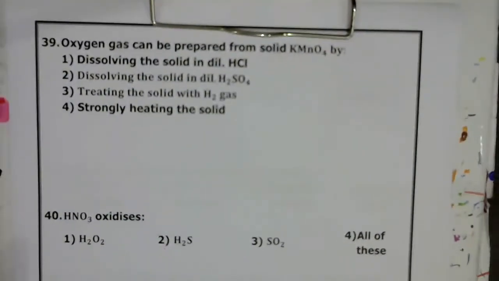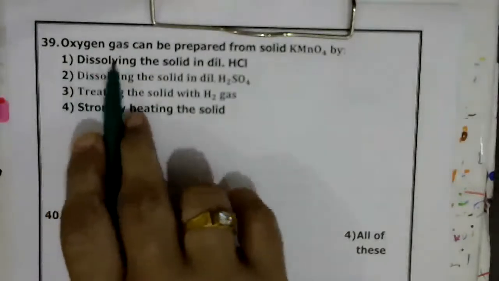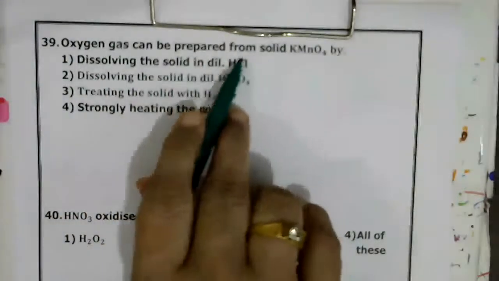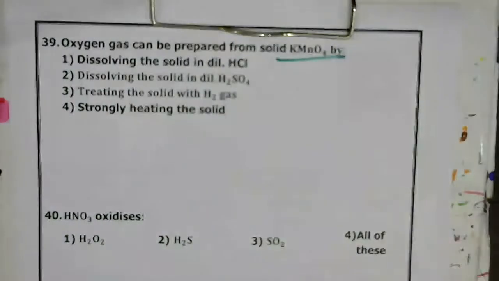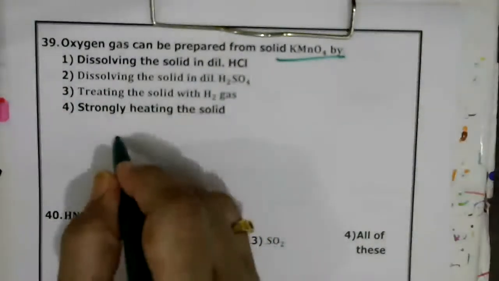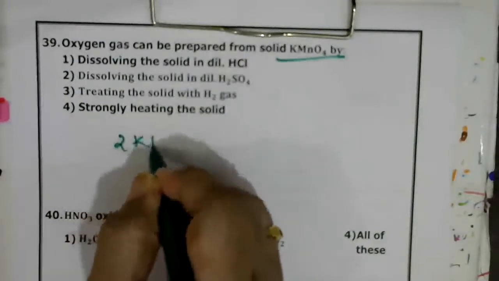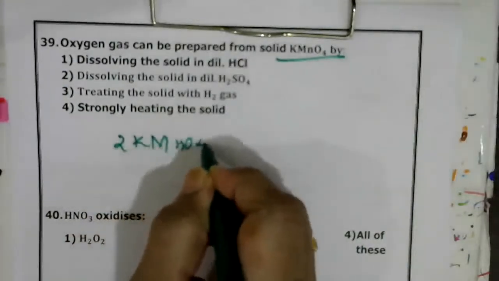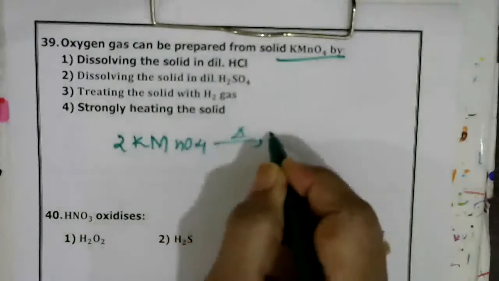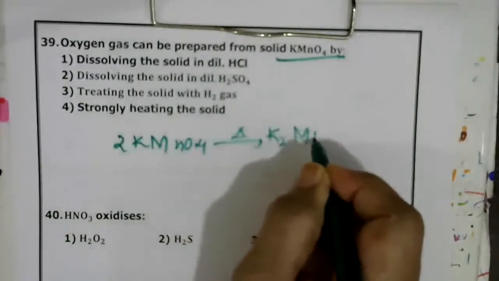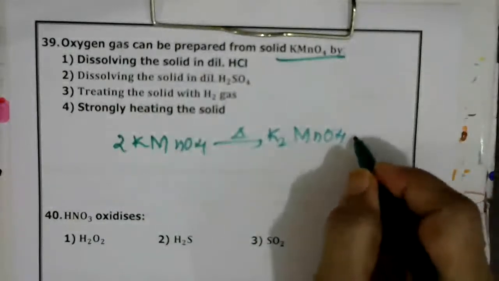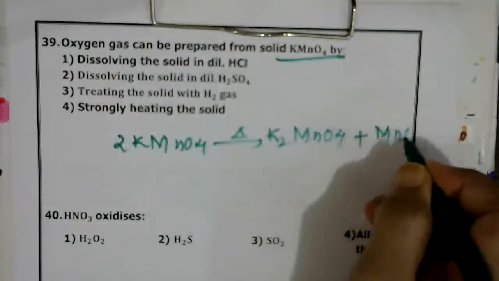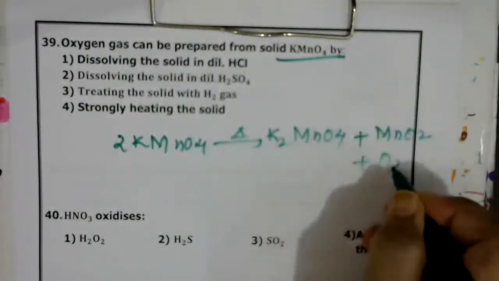Question number 39. Oxygen gas can be prepared from solid potassium permanganate. Have you remembered, children? Whenever potassium permanganate KMnO4 is heated, we get potassium manganate K2MnO4 plus MnO2 plus O2.